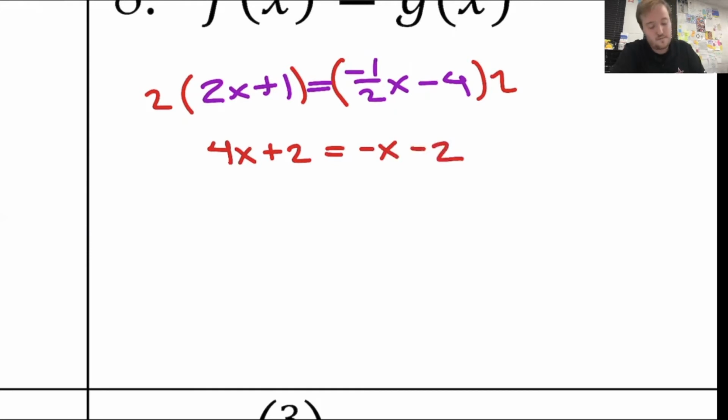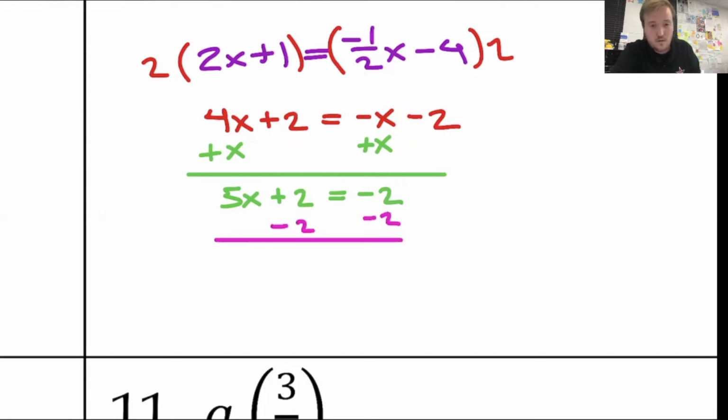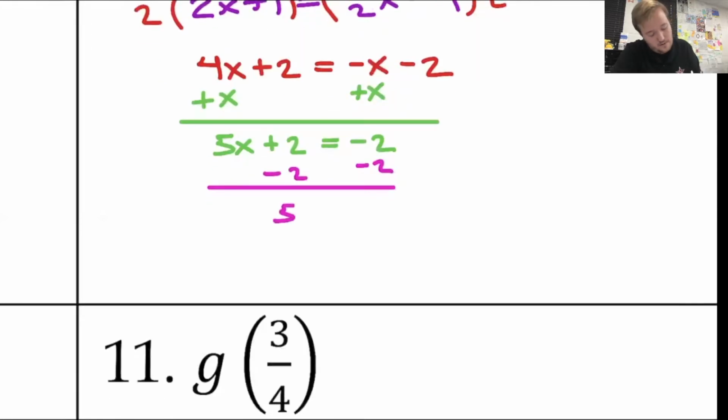Now I'm going to solve. I'm going to move over the smaller variable. So I have 5x plus 2 equals negative 2. Subtract 2. So now I have 5x equals negative 4.